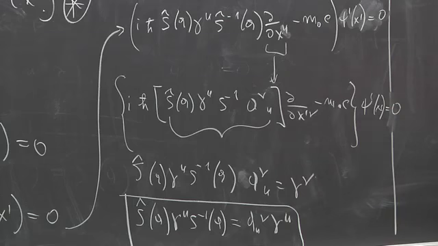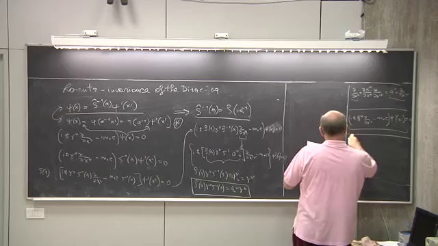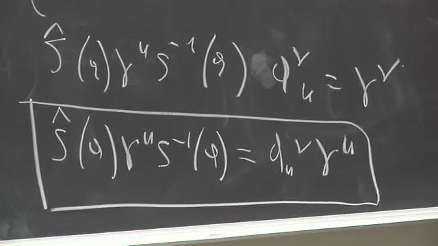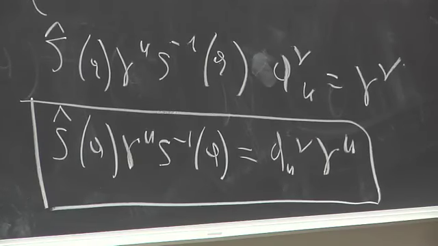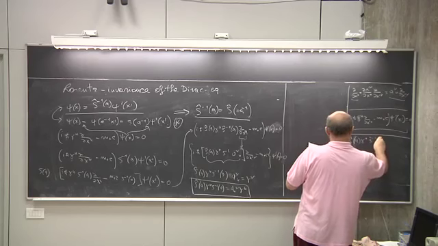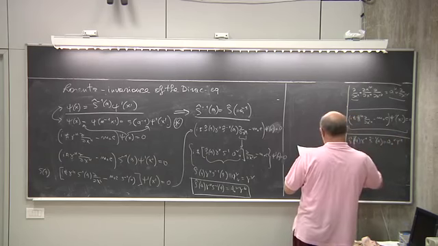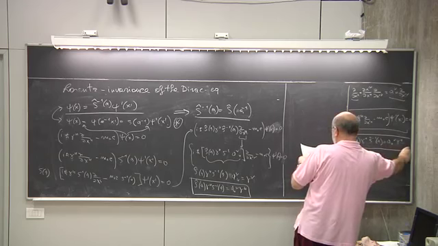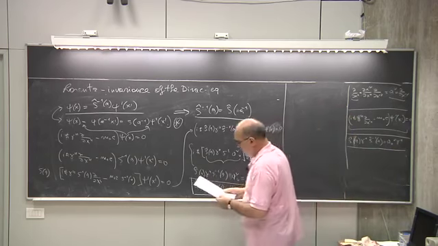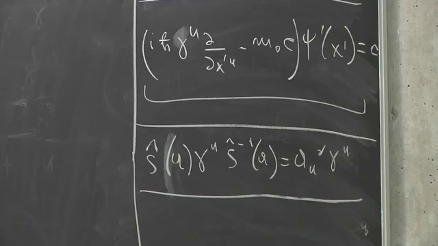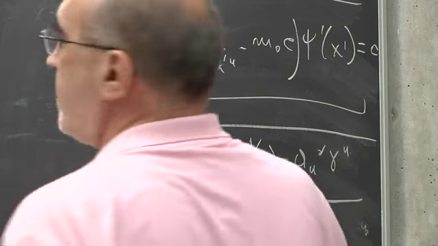So let's write it down here: S^-1 gamma^mu S is equal to A^mu_nu gamma^nu. So from here we went to this one. Now that is what characterizes S, but then we have to find the form of S.